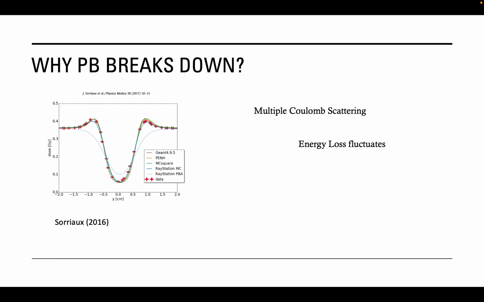We know pencil beam averages the energy loss, but because of heterogeneous media, there will be a big difference. For example, the stopping power in bone will be completely different than the stopping power in soft tissue, which is water. So you cannot average the energy loss at the interface of that region.